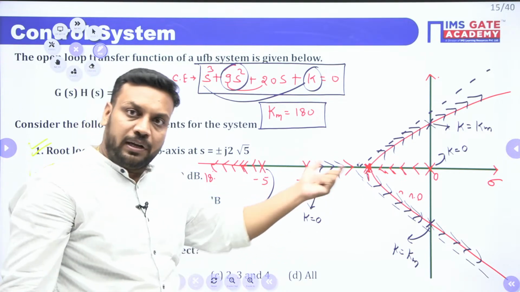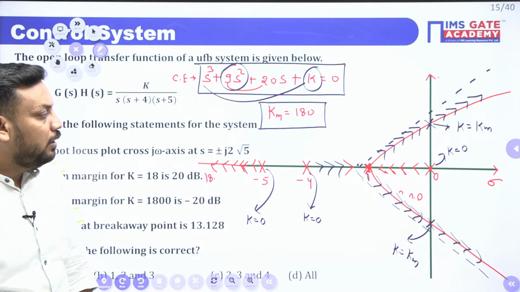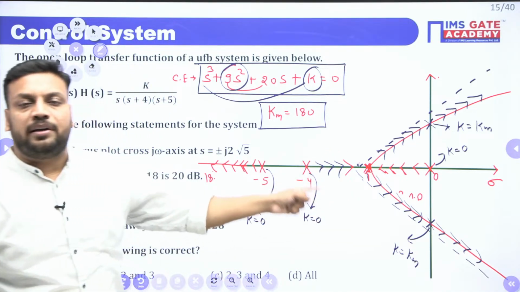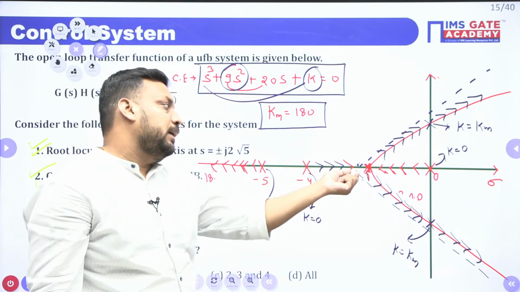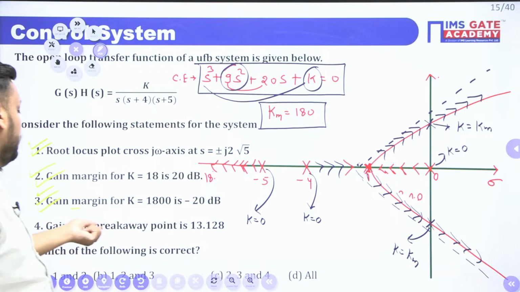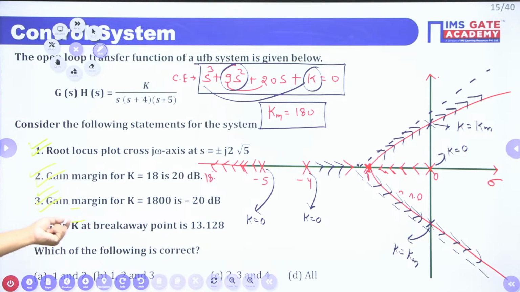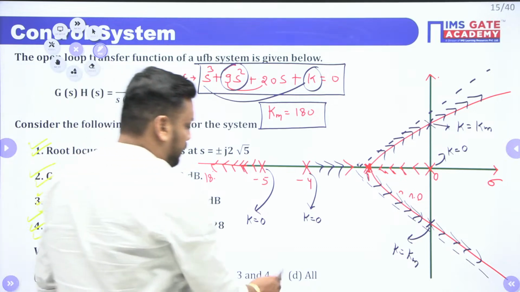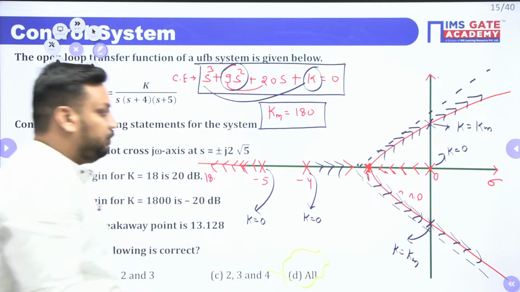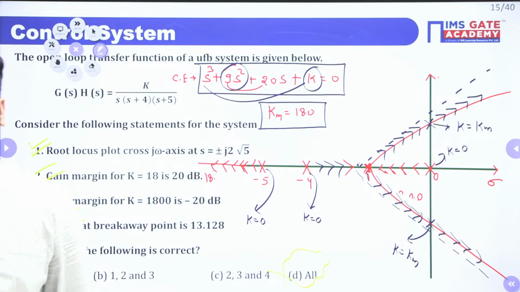Then apply the magnitude condition at the breakaway point, and you will get the value 13.128. So for this question, all the statements 1, 2, 3, 4 are correct. The correct answer is option D for Delhi.